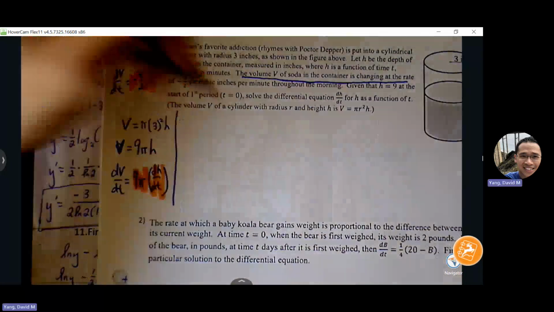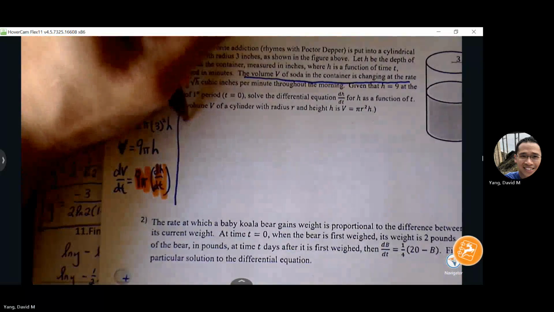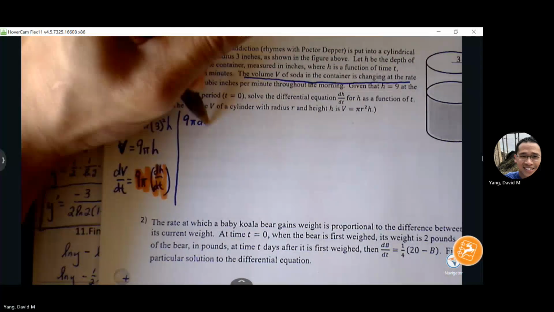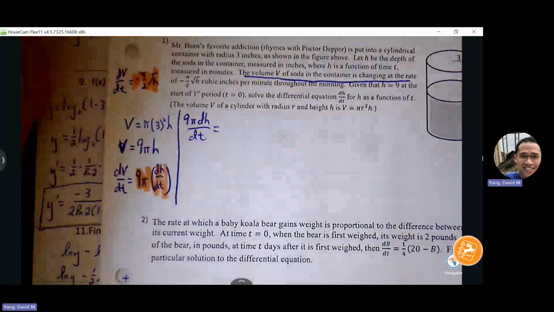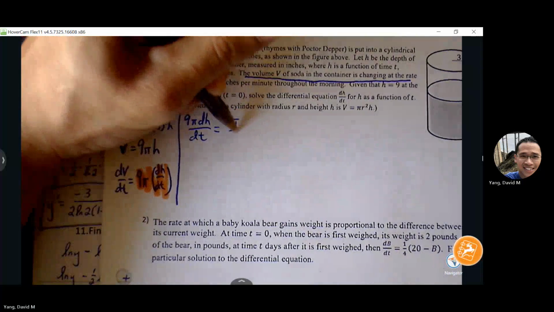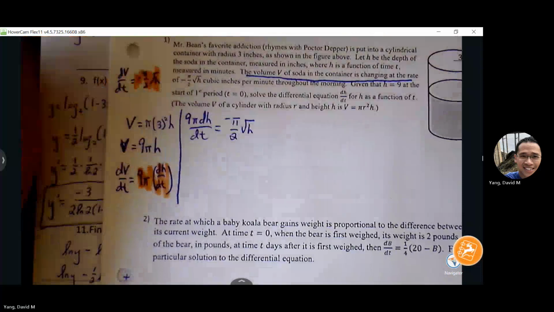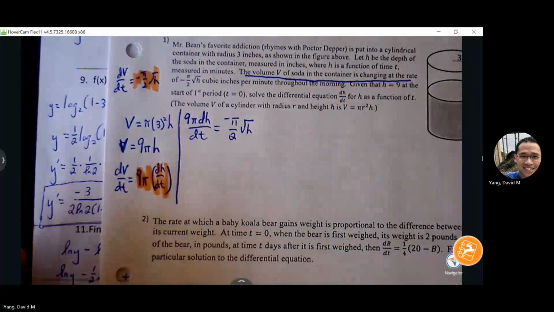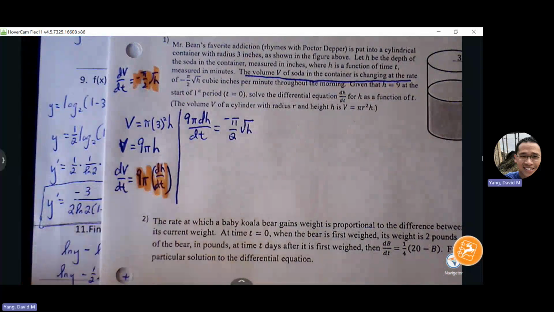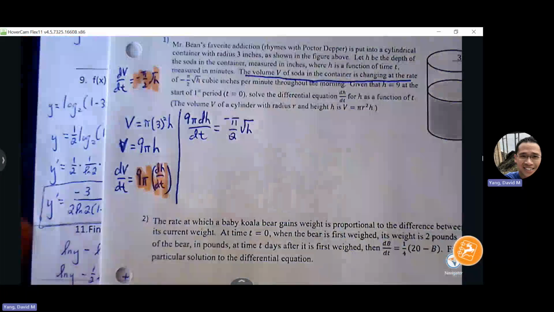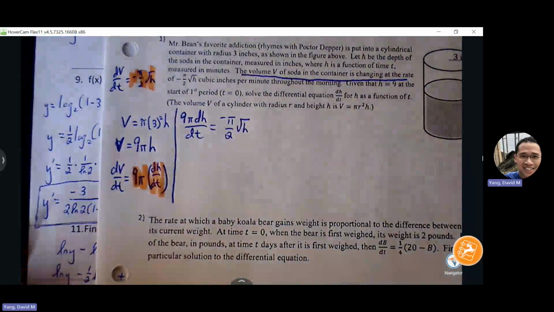Okay, so I can say that 9π dh over dt is equal to... cross multiply here. I'm just trying to separate the variables, right? I want to eventually solve for h.